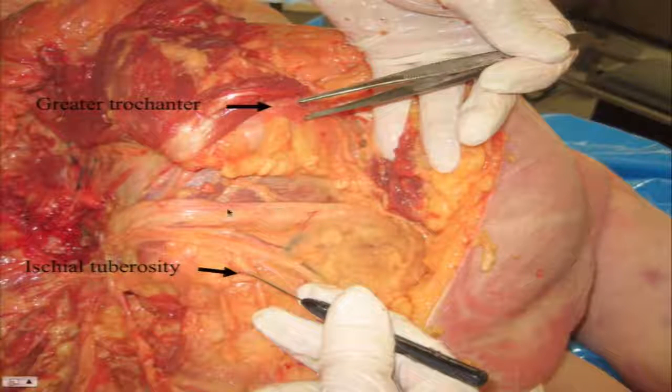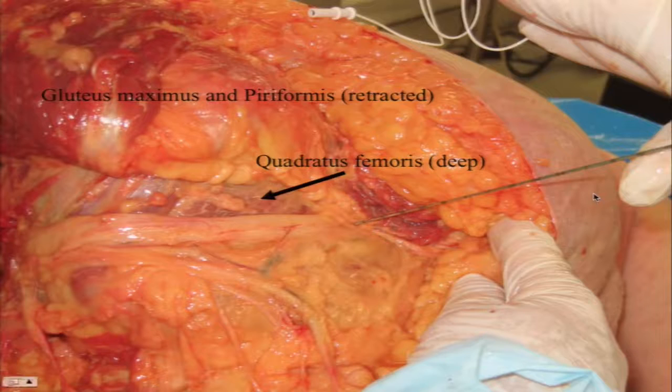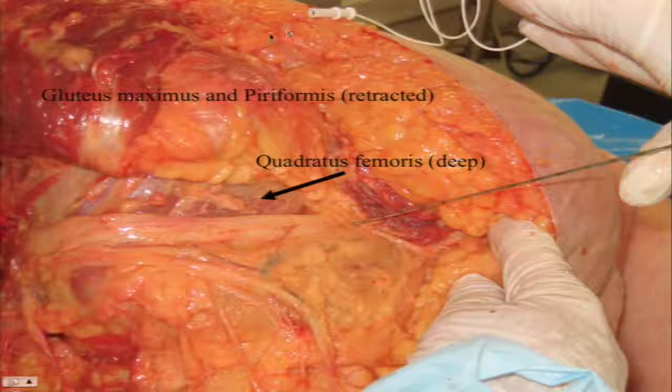Here you can see both the sciatic nerve as well as the posterior femoral cutaneous nerve, which are already at this point separate from each other. The gluteus maximus and piriformis have been retracted. The quadratus femoris is below this nerve. So above it is the gluteus maximus, and below it is the quadratus femoris. In this intermuscular septum or plane is where the sciatic nerve exists.